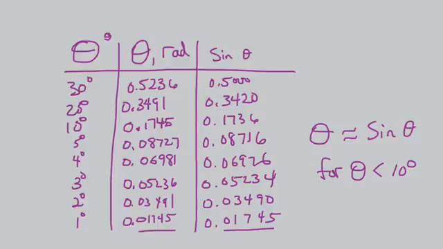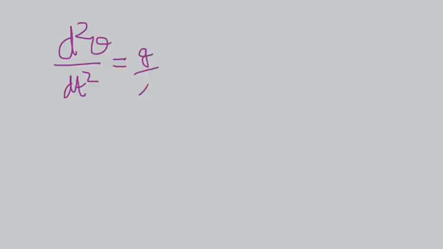Well, we get back to our formula here, where we had d squared theta over dt squared equals negative g over L sine theta.